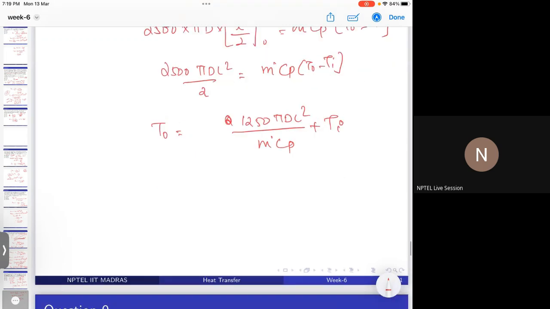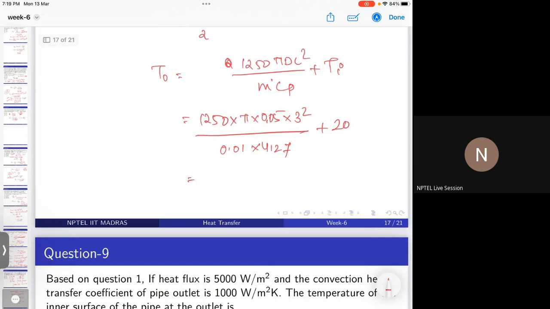Can you please substitute these values and say what the final answer is? 62.8.